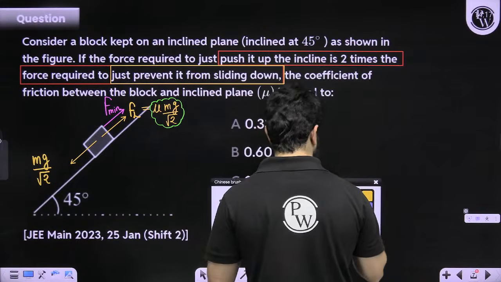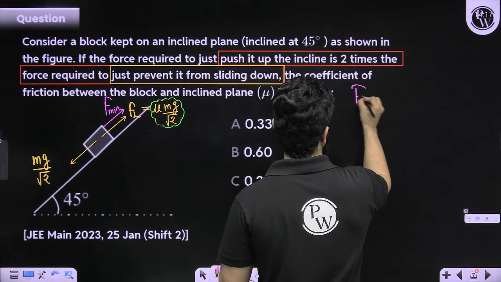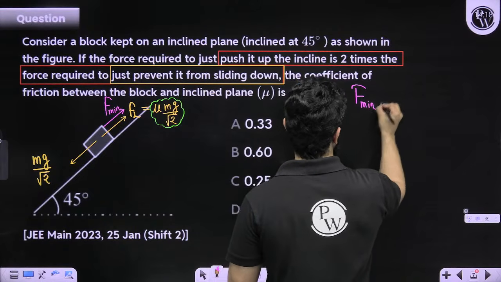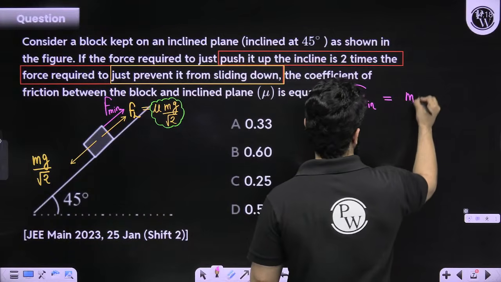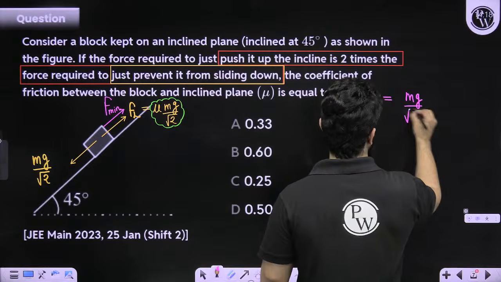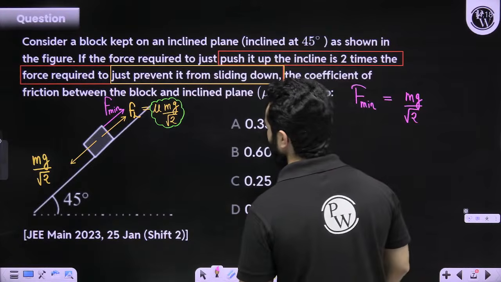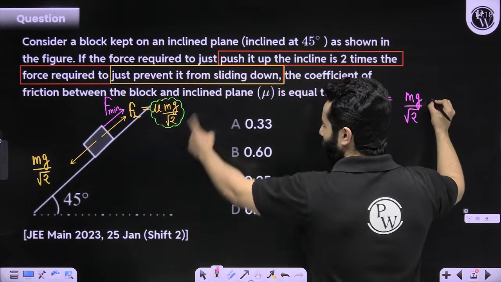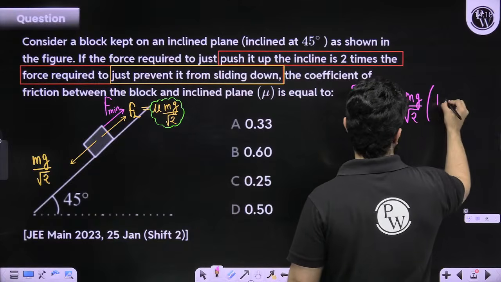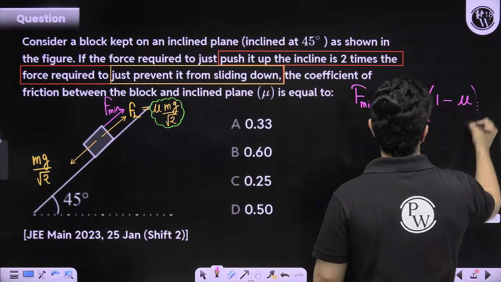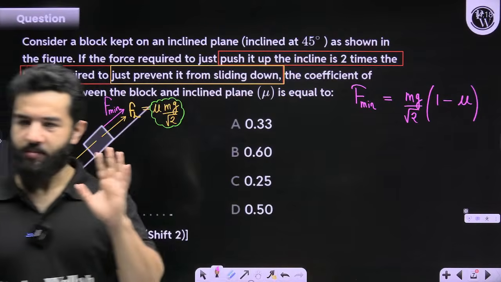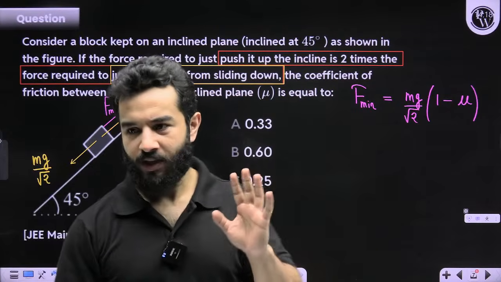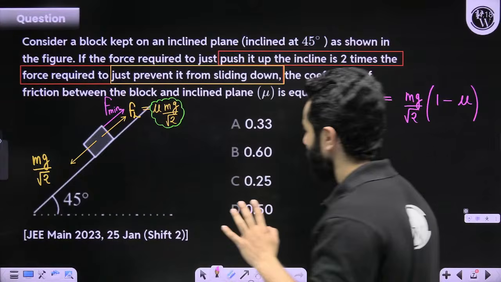So this minimum force will be mg by root 2 minus mu mg by root 2. So I am going to take mg by root 2 common, so I will get this. This is the minimum force required. Clear? Right?